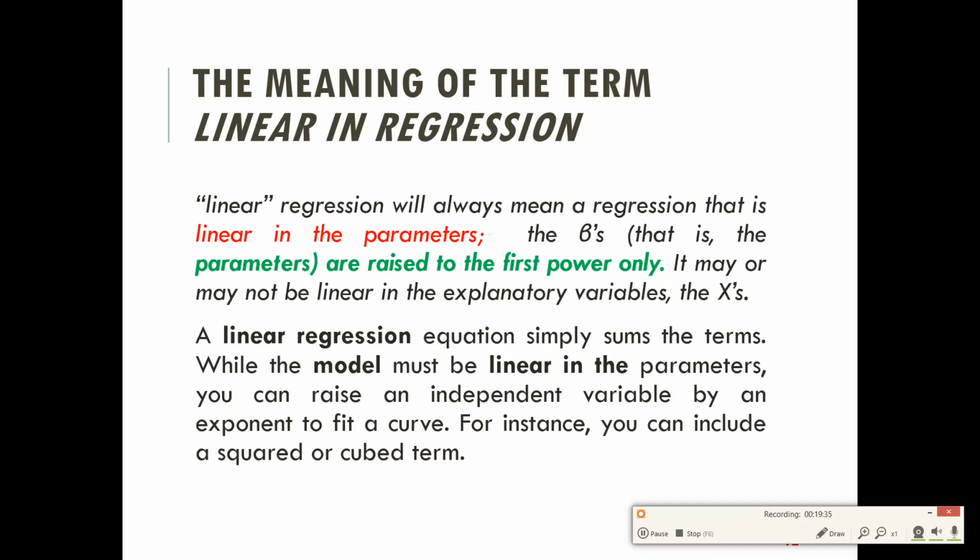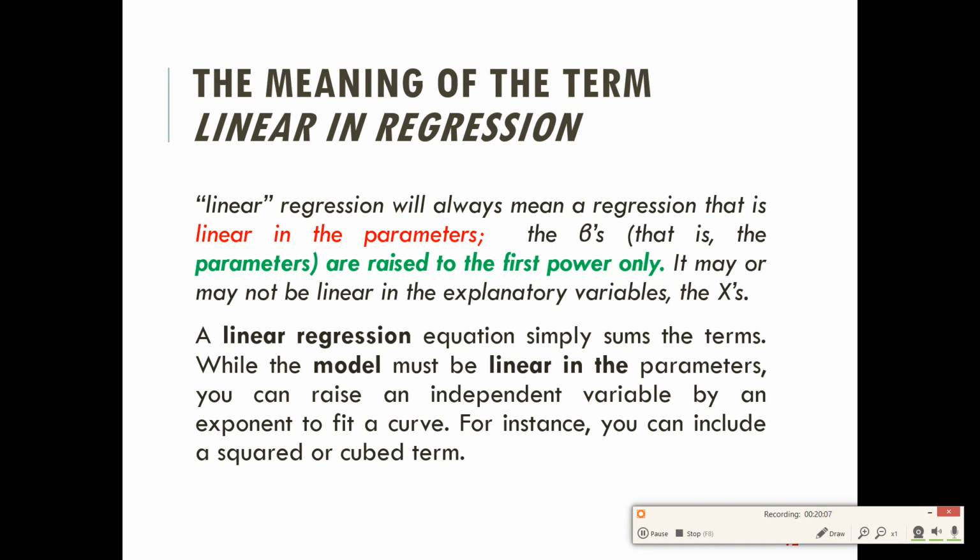Linear regression will always mean a regression that is linear in the parameters, that is the betas, that is, the power of betas or the exponent of beta is always 1, right? In the regression connotation, we say a model is linear whenever it is linear in the parameters. No matter if the variables have any non-linear behavior, that doesn't matter.